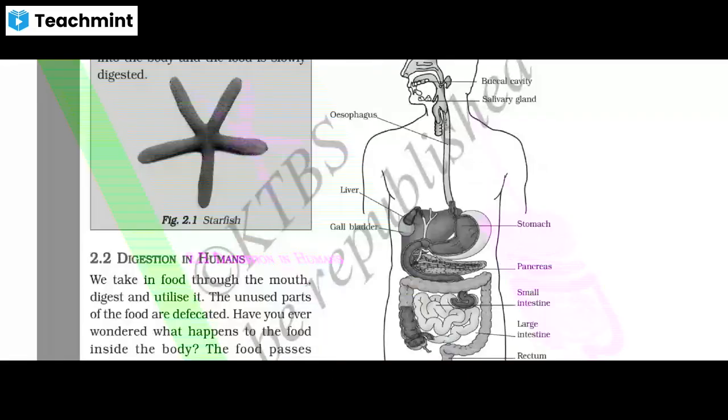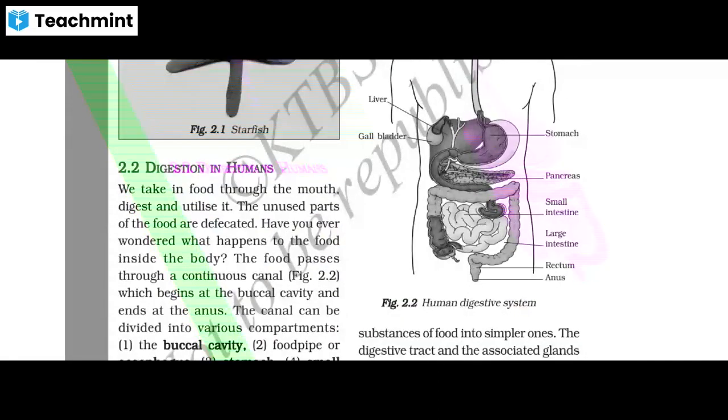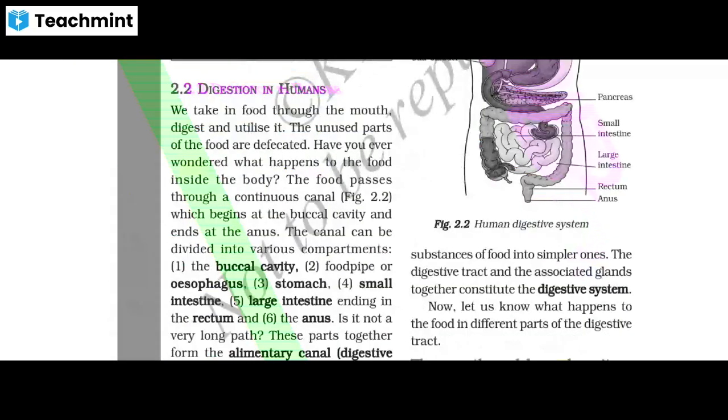But in the human body, which organs are going to participate to digest the food? That is digestion in humans. Now we are going to discuss digestion in humans.